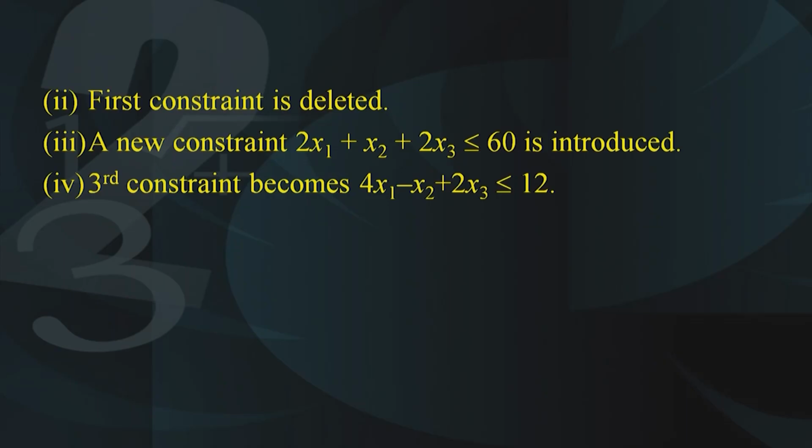Secondly, the first constraint is to be deleted. The third part is that a new constraint is to be introduced, and that constraint is given by twice x1 plus x2 plus 2x3 is less than or equal to 60, and finally the fourth part is the third constraint becomes 4x1 minus x2 plus 2x3 is less than or equal to 12.